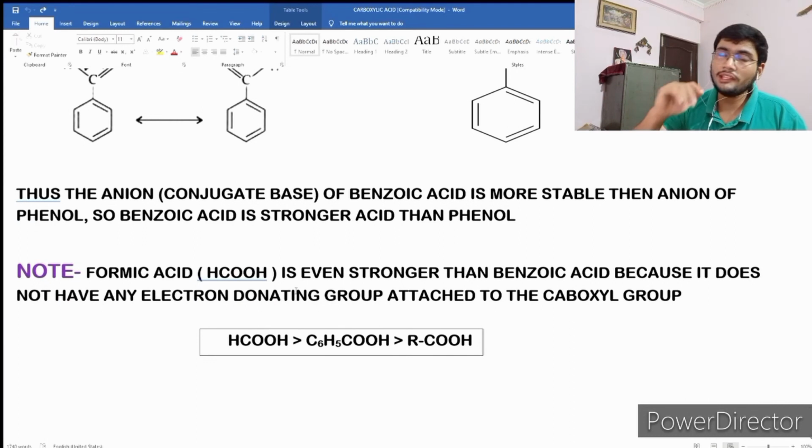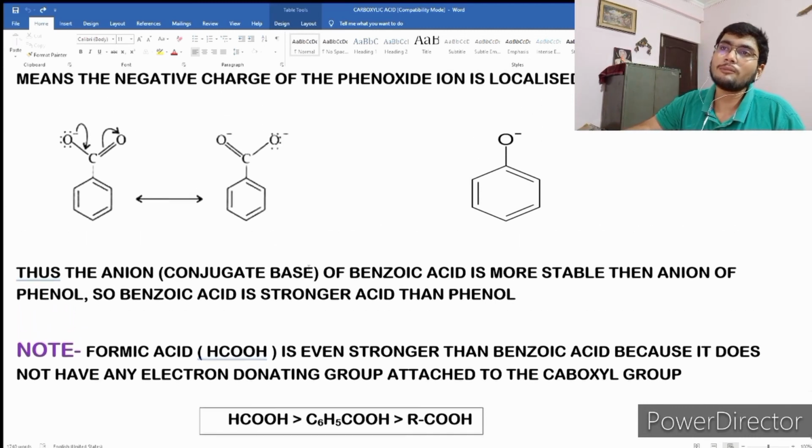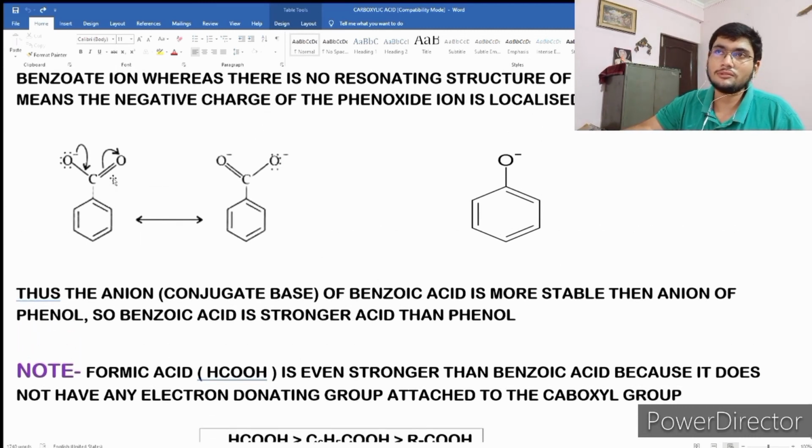And here is a note also, that formic acid is even more acidic than benzoic acid. Now you ask how? Because in benzoic acid, this is the conjugate base, which is quite stable because of this resonance; this negative charge is delocalized, that's why it is stable.